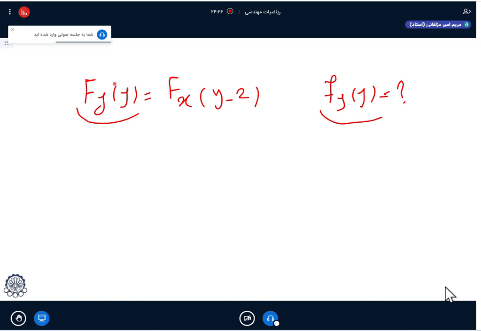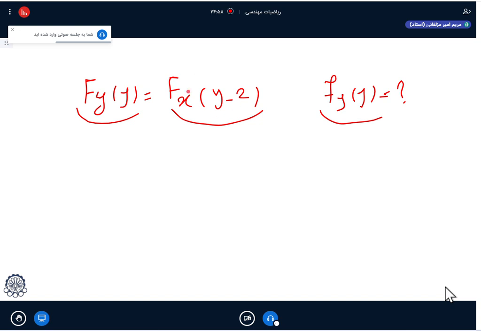We should take the derivative of the CDF to obtain the PDF. PDF is the derivative of the CDF, so we should take the derivative of this function with respect to y, and we can compute the PDF of y.